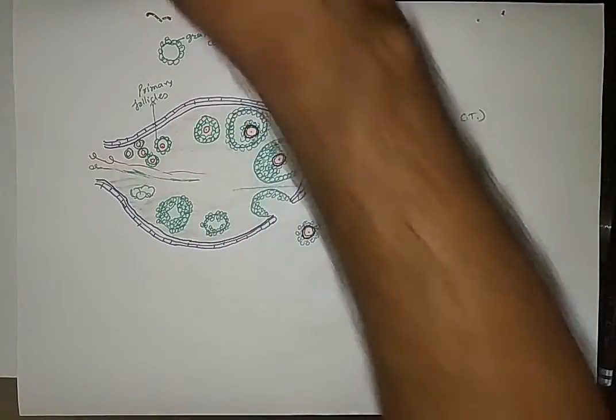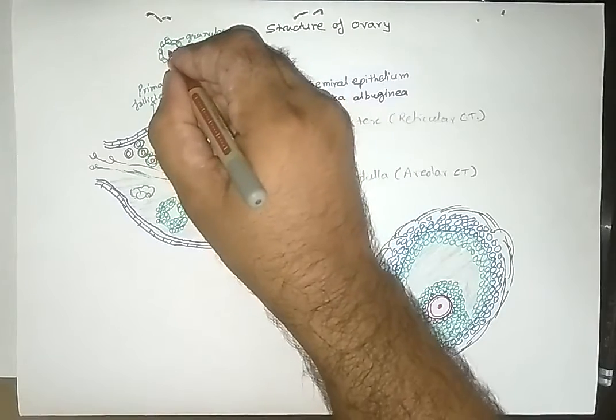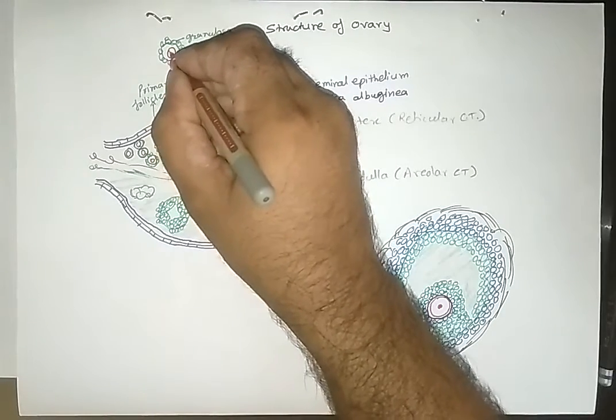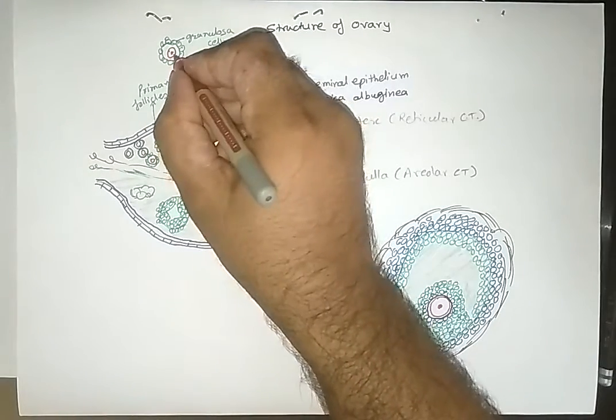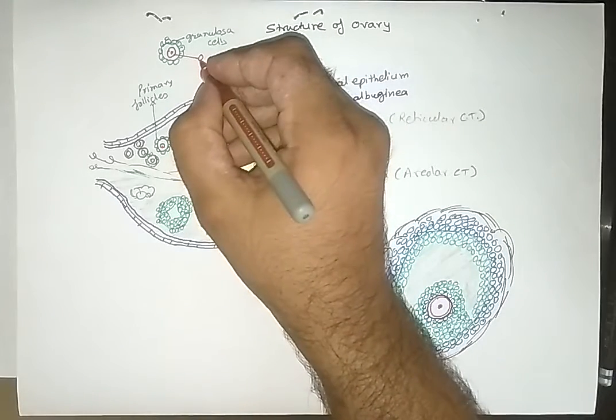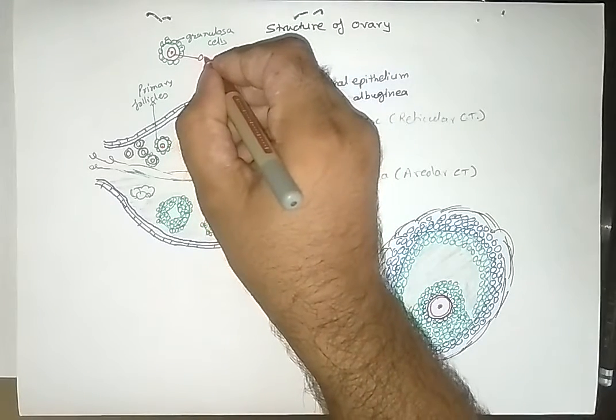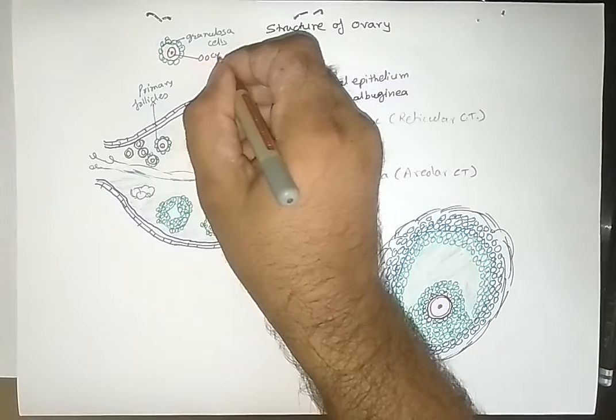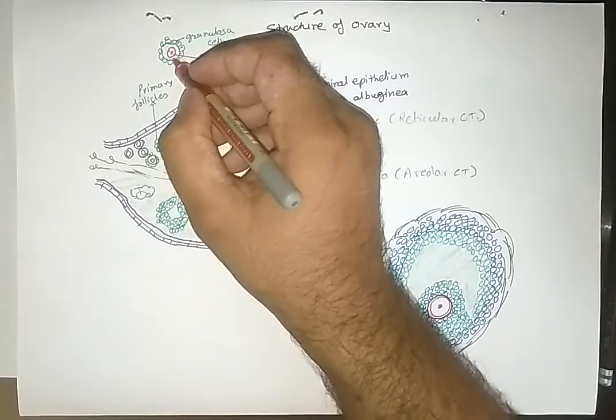At the center is the oocyte, or a primary oocyte.